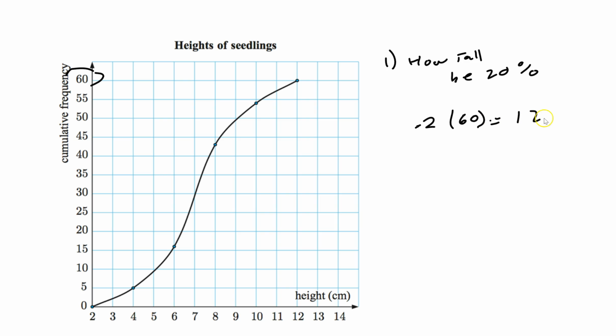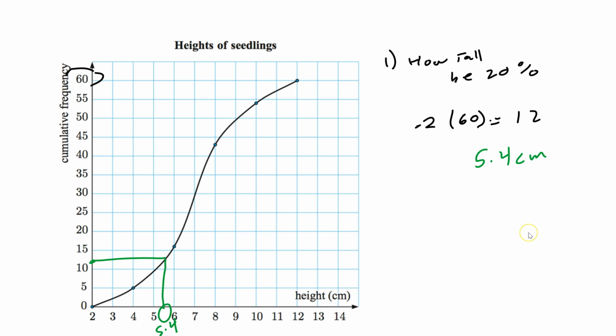Your answer's not 12, because again, you have to use the graph. We go to 12 under frequency, so it's about the 12th value, around there, estimate. Then you go across. Remember, the question was how tall, not how many seedlings. So you go across and go down. Hopefully your lines are straighter than mine. Let's just say it's about 5.4 centimeters.